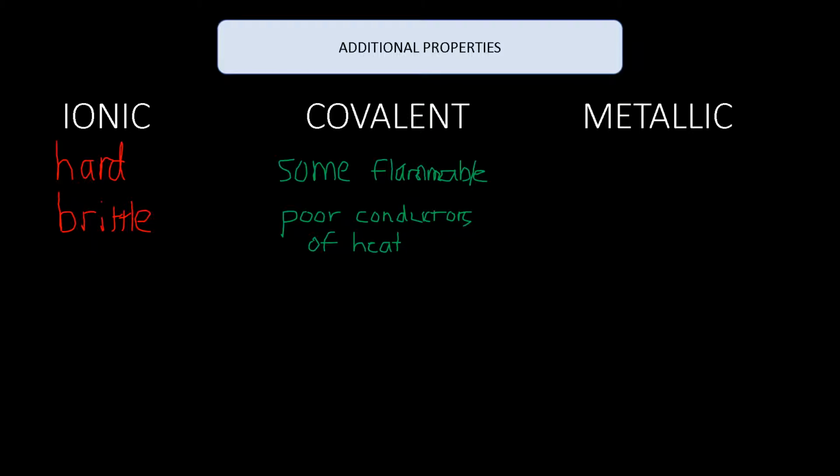And for metallic bonds, most metals are malleable, and some people don't know what malleable means, and that means they can easily be hammered. And most metals are shiny and hard.